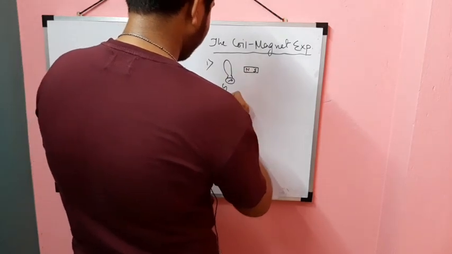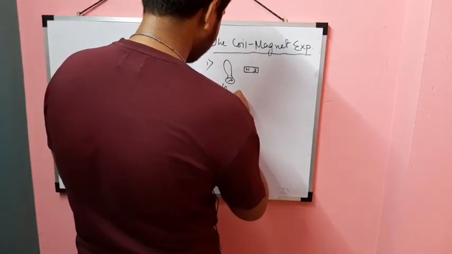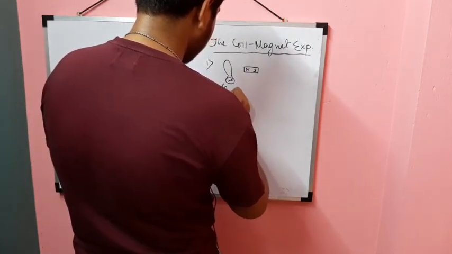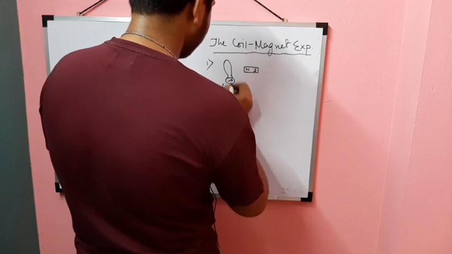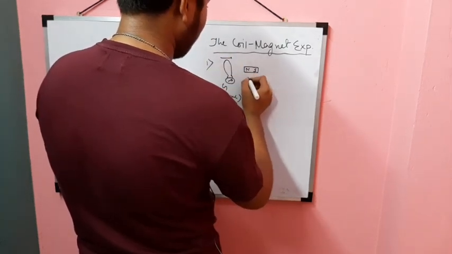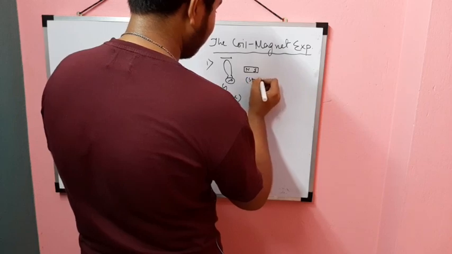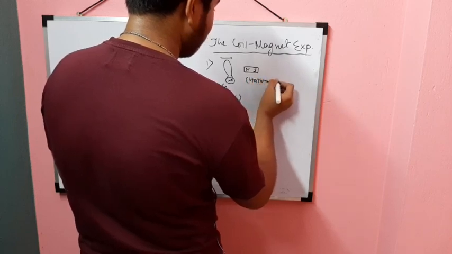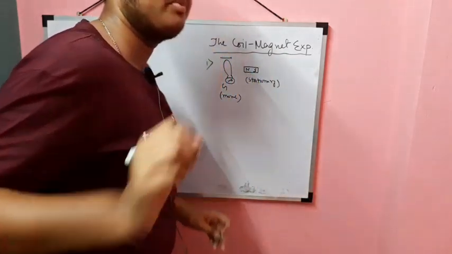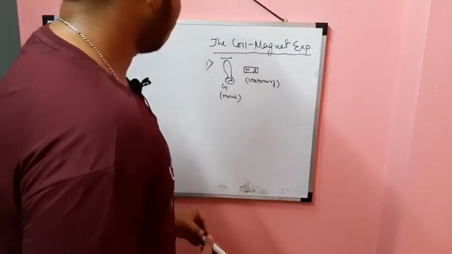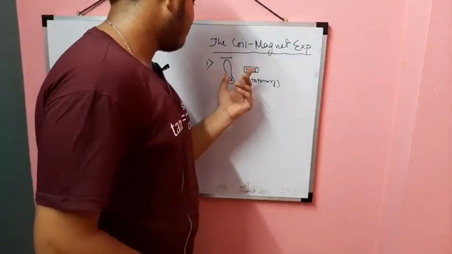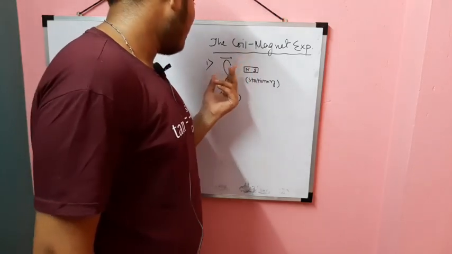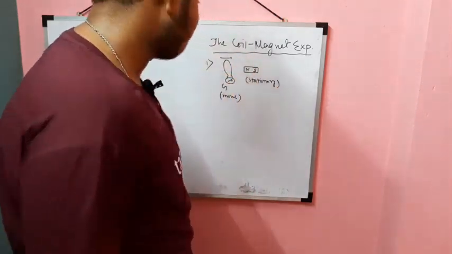If I move the coil and make the magnet stationary, then what happened? Look, I make the movement of the conductor.